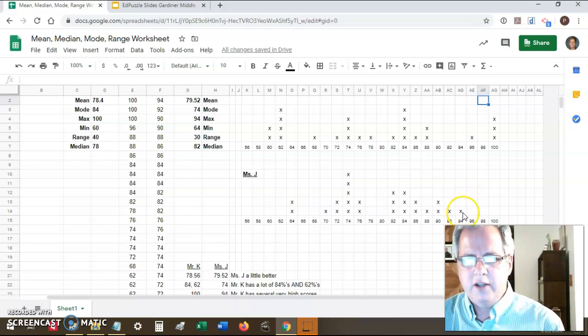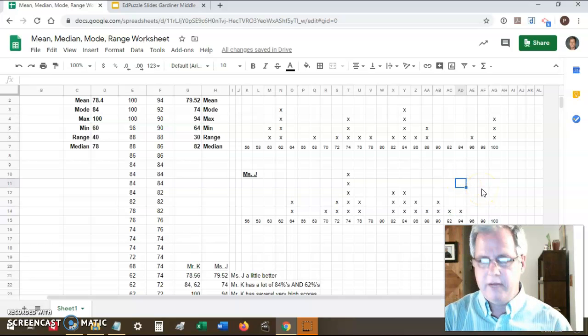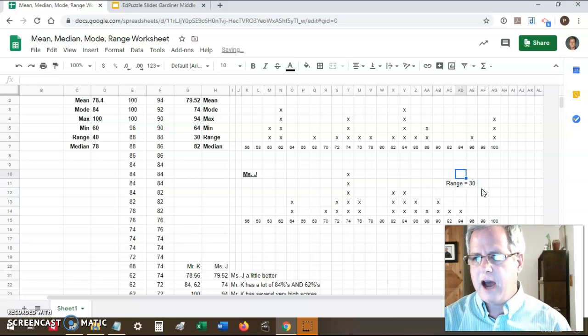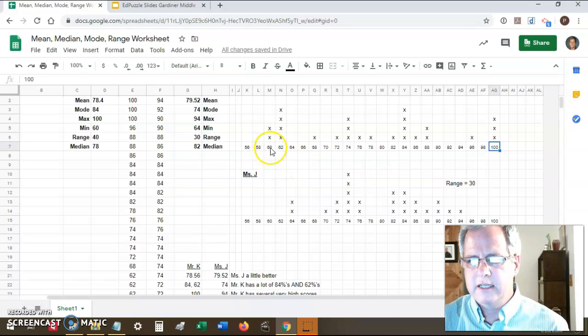That's the range. The range is the spread of the graph. It's the highest number minus the lowest number. So the highest number in this case is 94, and 94 minus the lowest number, 64, the range is 30. When I do the same thing for Mr. K's class, the high score is 100 and the low score is 60.